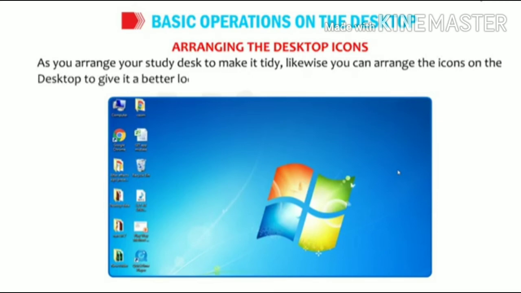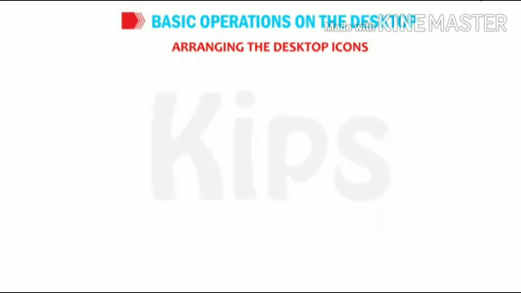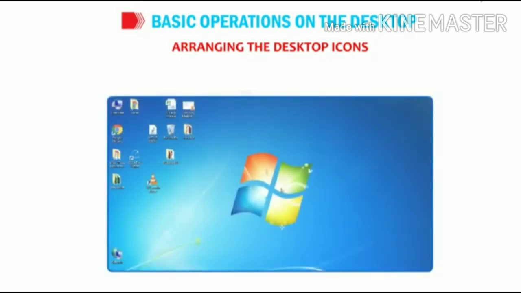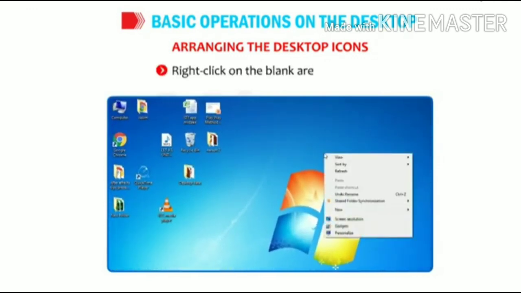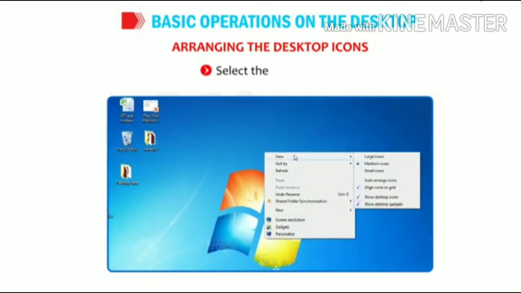You will find a list of options like this. Select the view option and then click on the auto arrange icons option from the submenu. Observe, your icons will be arranged.